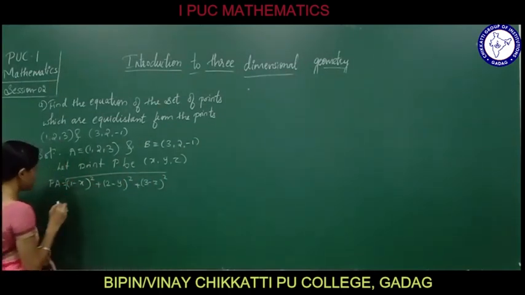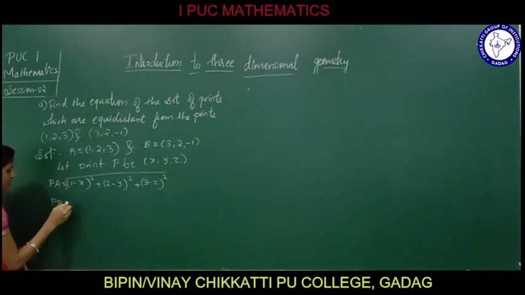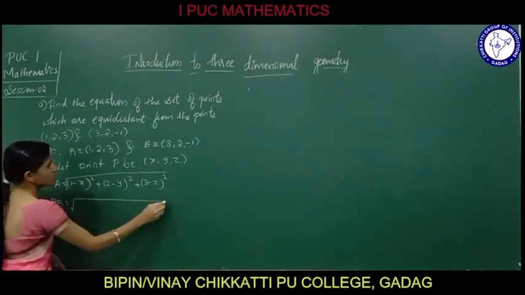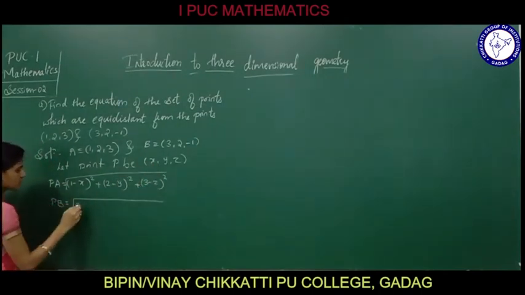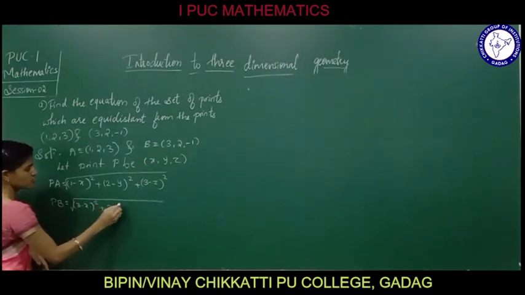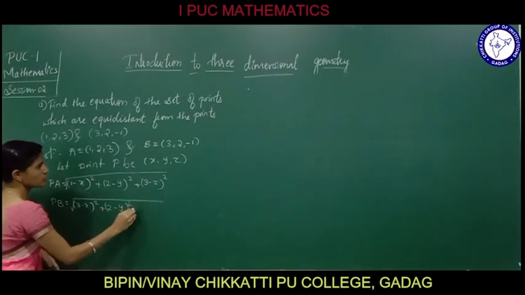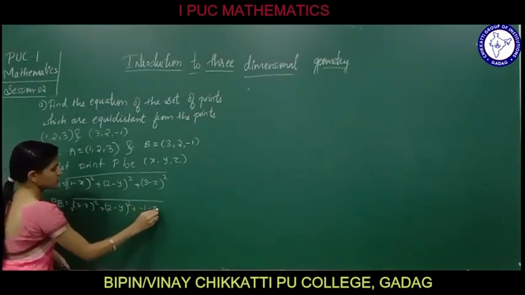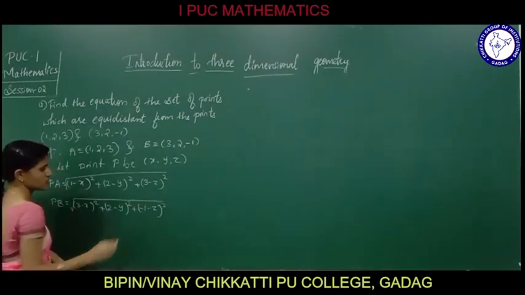And PB is going to be the root of 3 minus x whole square plus 2 minus y whole square plus minus 1 minus z whole square.